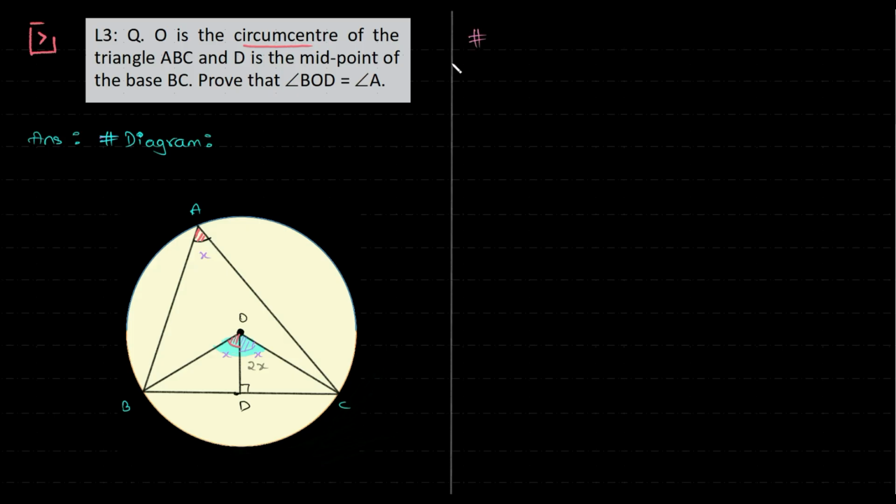Okay, so what is it that we are looking at? We have to prove angle BOD is equal to angle A, right? So how will we prove this? We can start off with talking about angle BOC being equal to 2x.